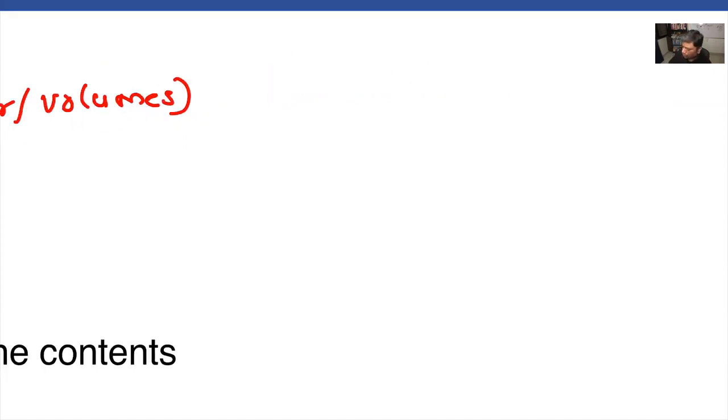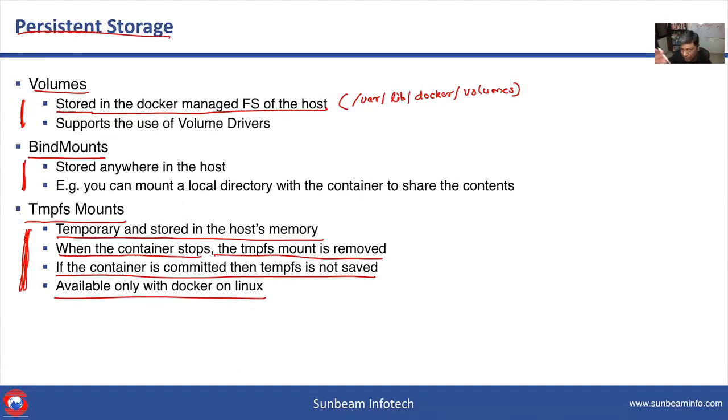There the volumes will get created, and that will be managed automatically by Docker. So we don't have to do anything for that. Everything will be managed automatically. So that's a directory where you can find it. It supports the use of volume drivers, the ones I mentioned earlier, like overlay2 and others. So those are supported here.